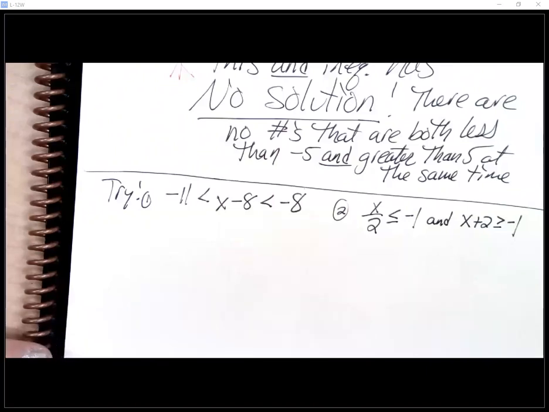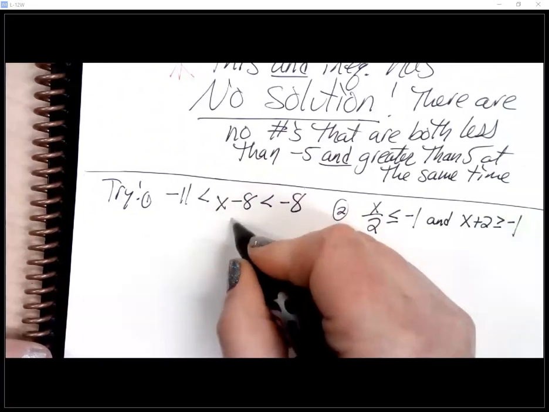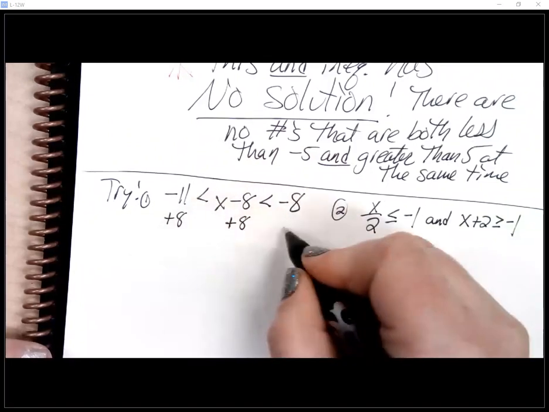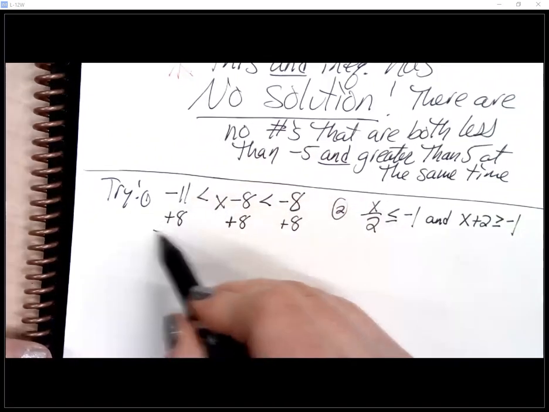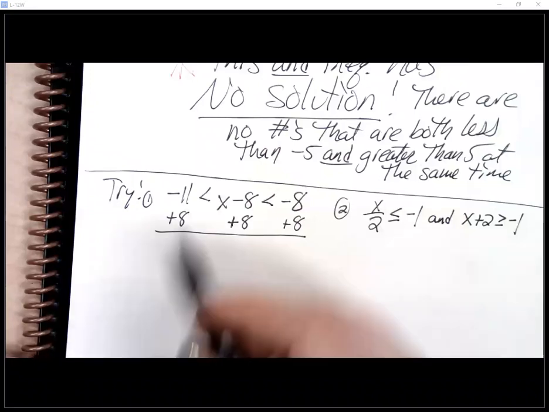Yeah, I'm doing x minus 8, so I want to add 8, but I got to add 8 to everybody. So the left, the right, and the middle. Do I have to flip signs right now? No, I didn't multiply or divide by a negative. If I'm just adding or subtracting, I don't change anything. So what's that going to be? A -3.